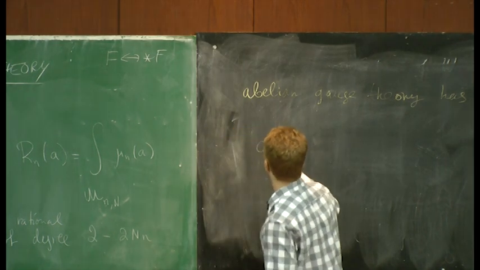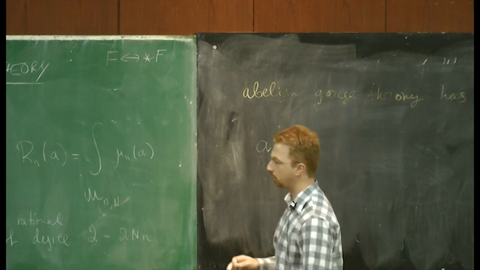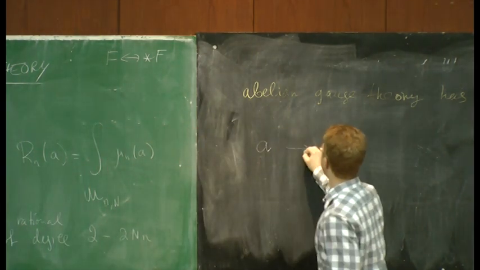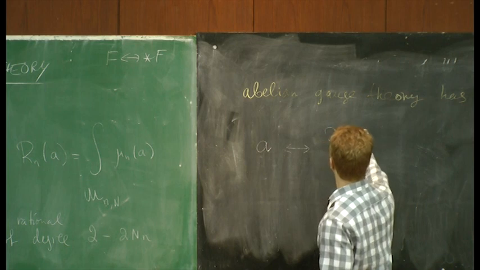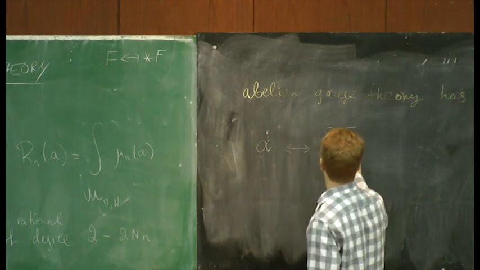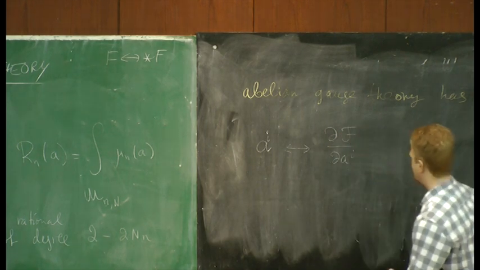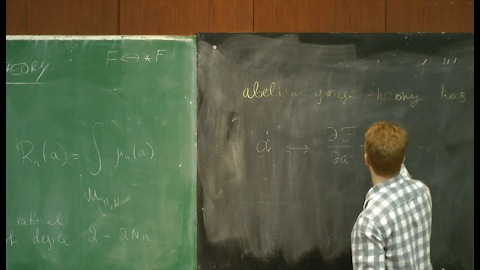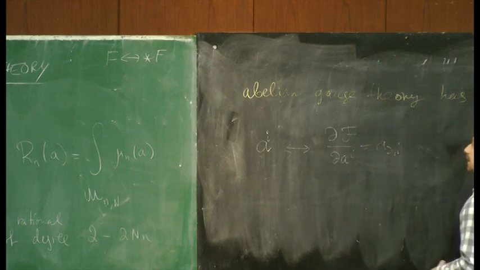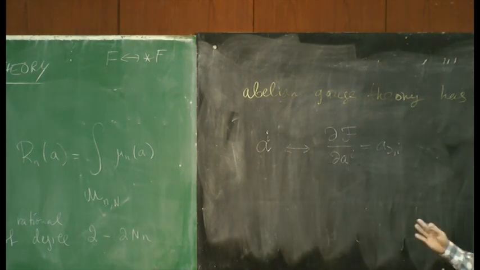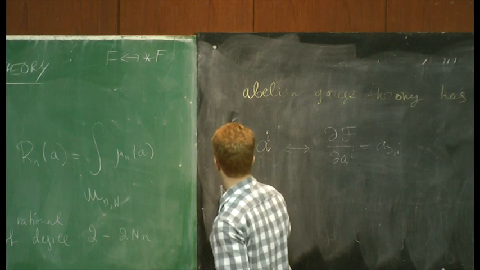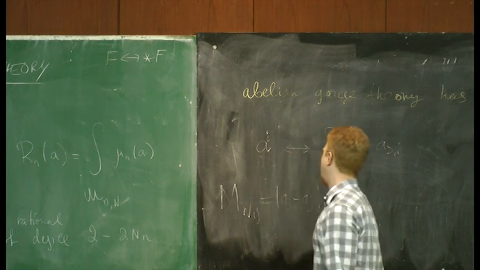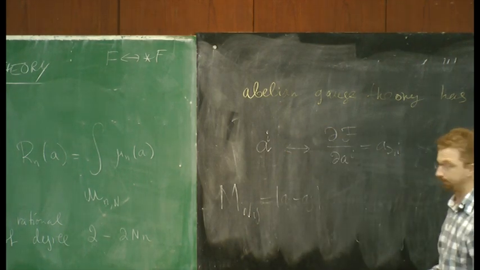And under this covariance, the variable a, which was naively parameterizing the eigenvalues of the Higgs field in the adjoint representation, could get mixed up with the derivative of the prepotential with respect to a. So the significance of this quantity, the derivative of F with respect to a, which is sometimes called a dual, is that whereas a defines the masses of W bosons, so particles which you see in the perturbative spectrum, a dual determines the masses of monopoles.